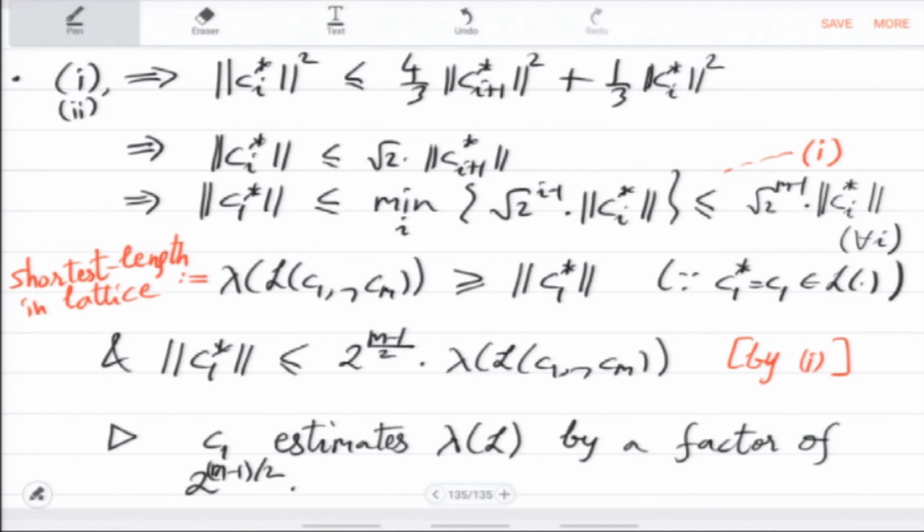Okay, so now we move to the final question, which is why does a reduced basis exist, and if it exists, how will you find it? So we'll answer both these questions together and very constructively. So this is the LLL reduced basis algorithm.